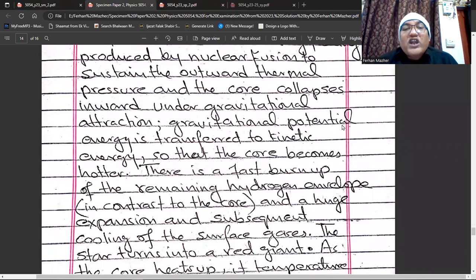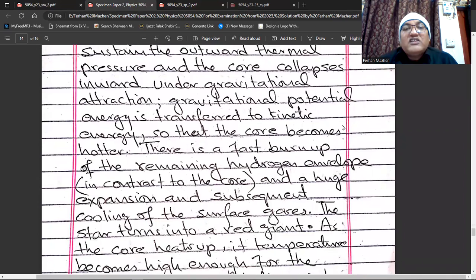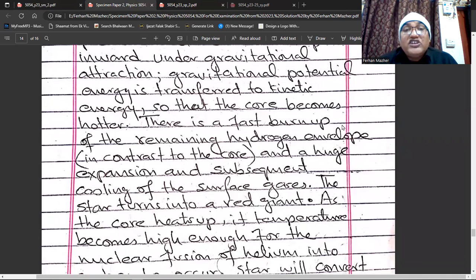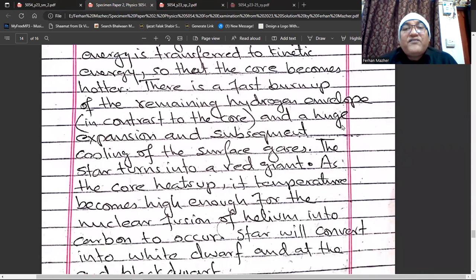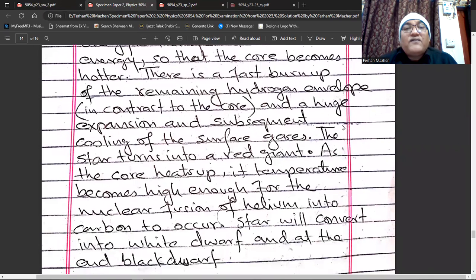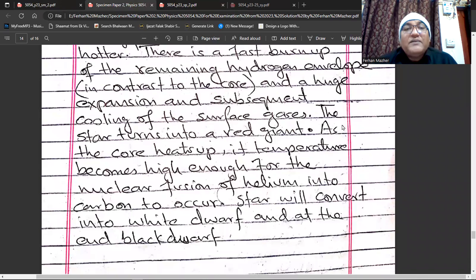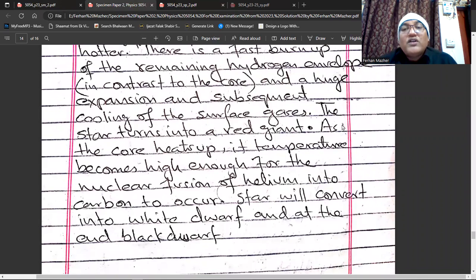Under gravitational attraction, gravitational potential energy is transferred to kinetic energy so that the core becomes hotter. There is a fast burn up of the remaining hydrogen envelope in contrast to the core, and a huge expansion and subsequent cooling of the surface gases. The star turns into a red giant.